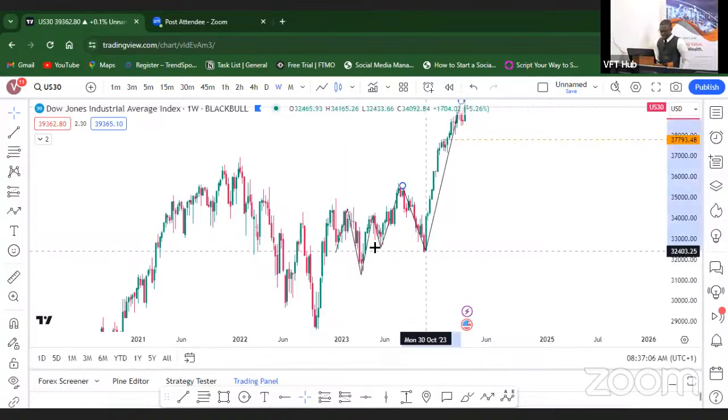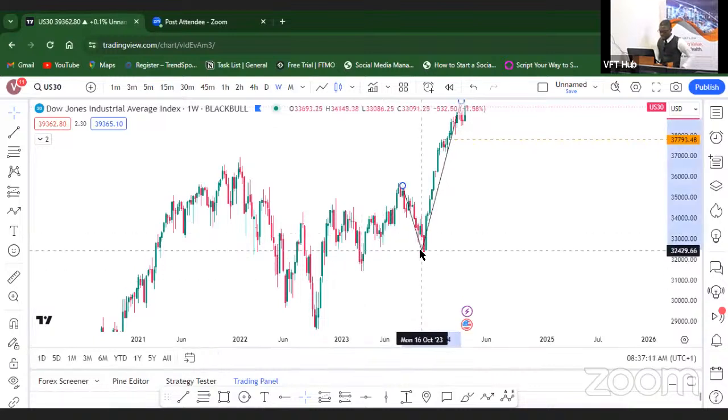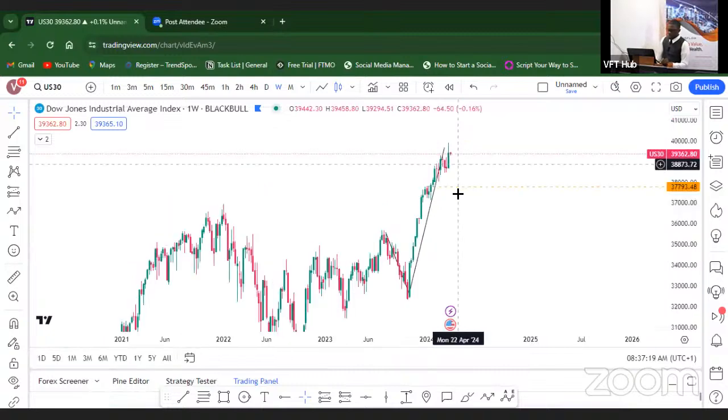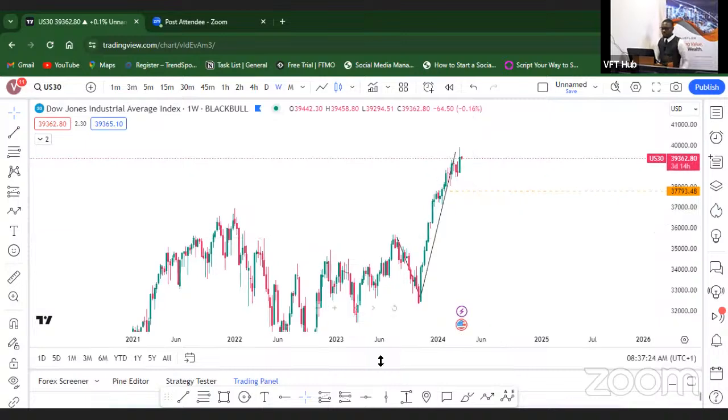It came back, cleared this liquidity down here, swept through this place, this liquidity. And then what did we see? The market started pushing to the upside. That's one. But of course, you want to know that this is not a 40 pip SL movement.